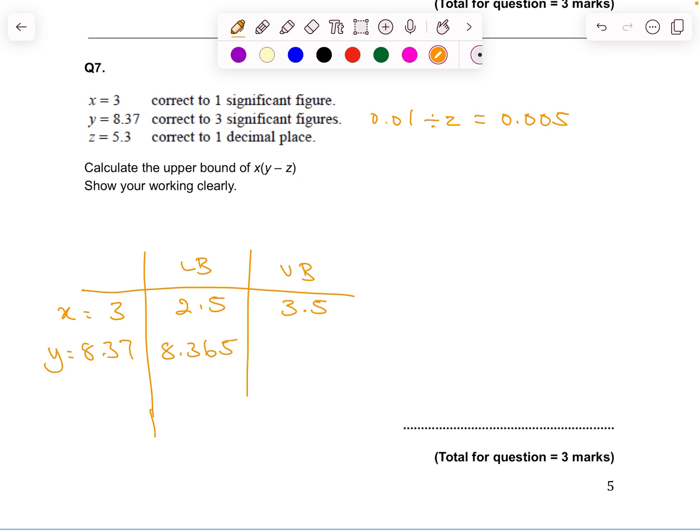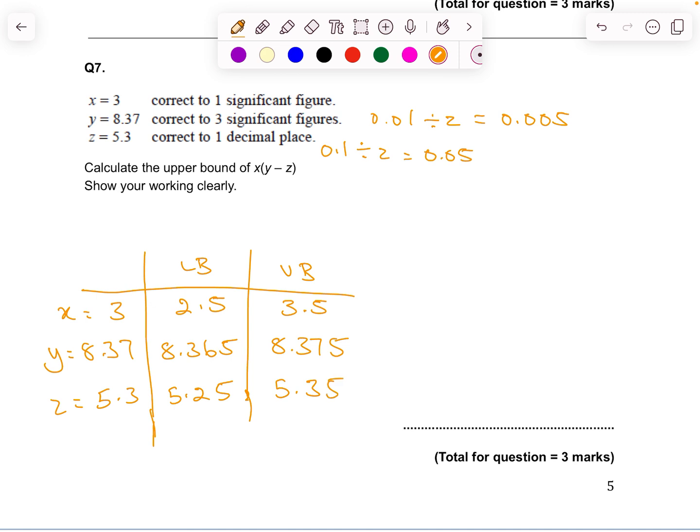My upper bound is 8.375. And then the last one, Z equals 5.3 to 1 decimal place. And so 1 decimal place is 0.1. Halve it. And so our upper and lower bounds is going to be plus or minus 0.05. So my lower bound is 5.25 and my upper bound is 5.35.